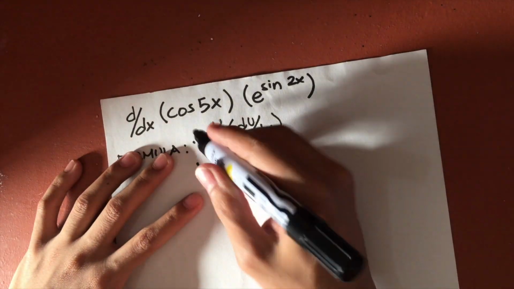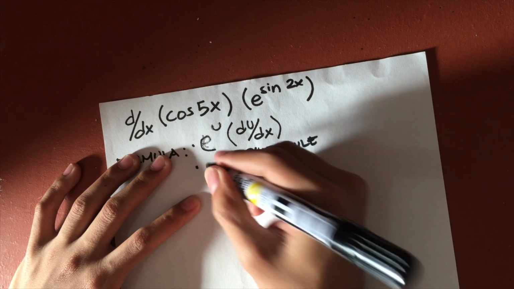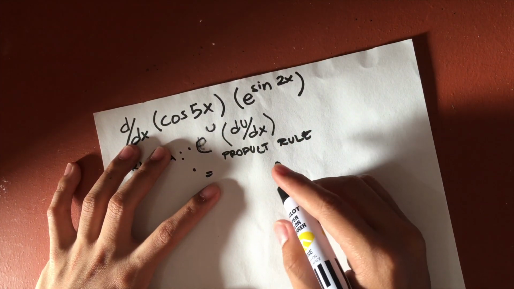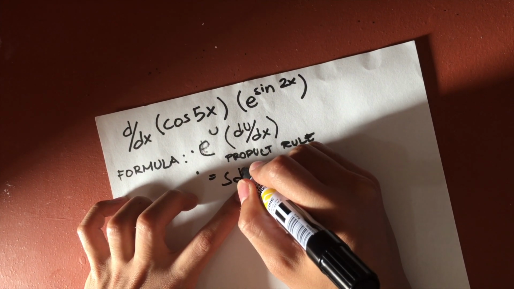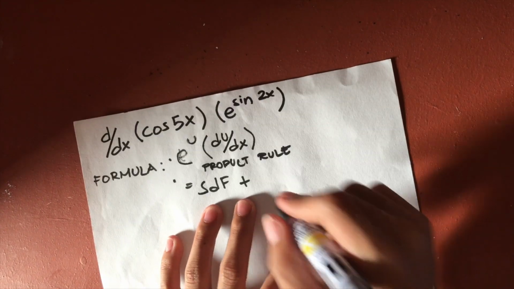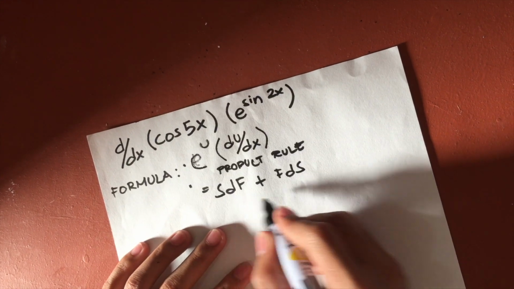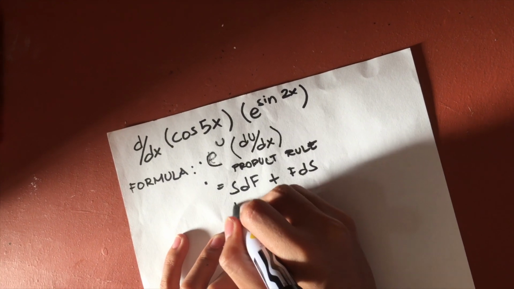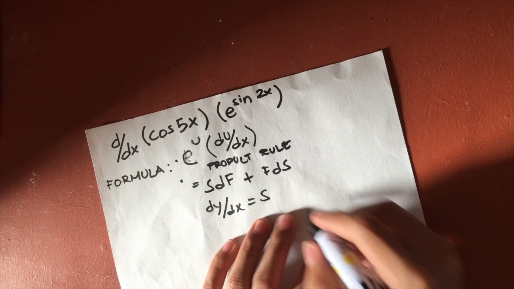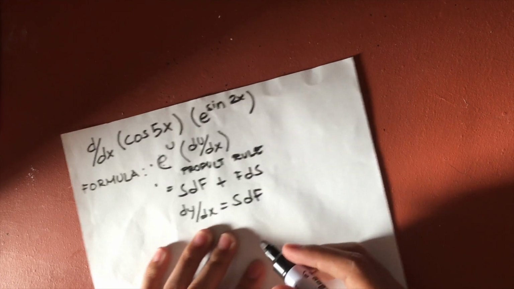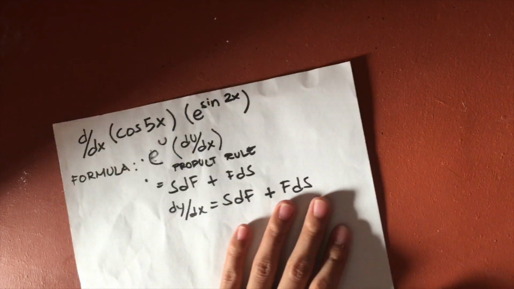The formula of the product rule is the second times the derivative of first plus the first times the derivative of second, so that you have this formula: dy over dx is equals to second times the derivative of first plus first times the derivative of second.